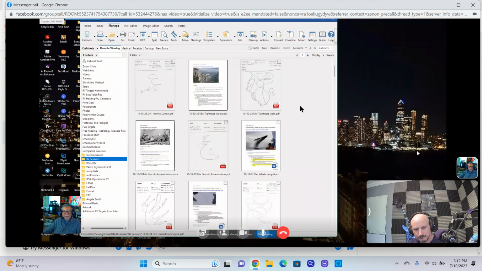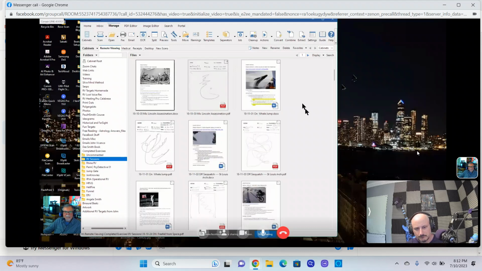So I started putting these documents together, and I had one next to the other. Later on it occurred to me, I can't really figure out what I'm looking at here. So maybe I should put a picture of the target, the target reveal photo, into my Microsoft Word session so that I can look at it and understand what this session was about.